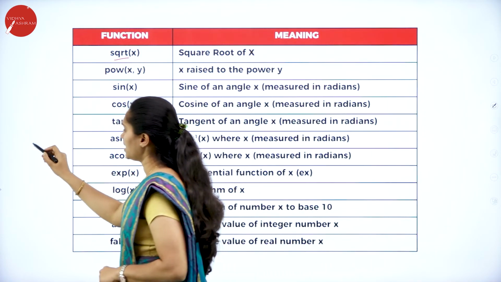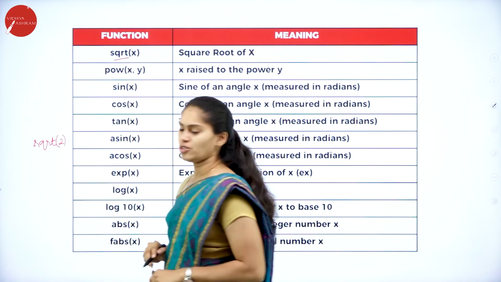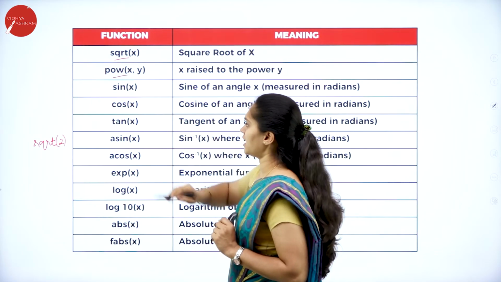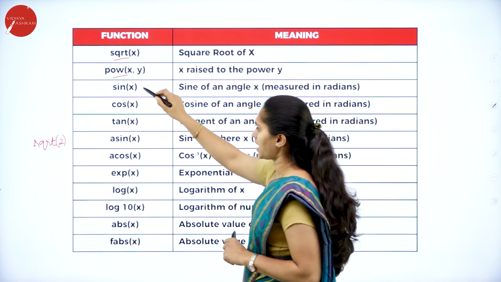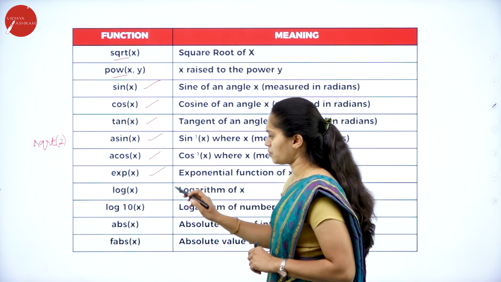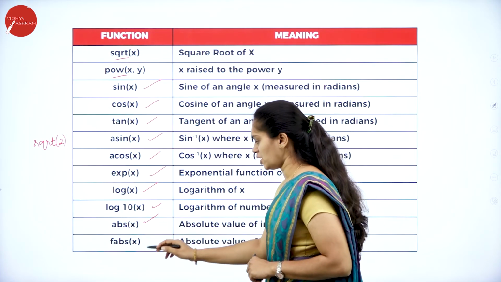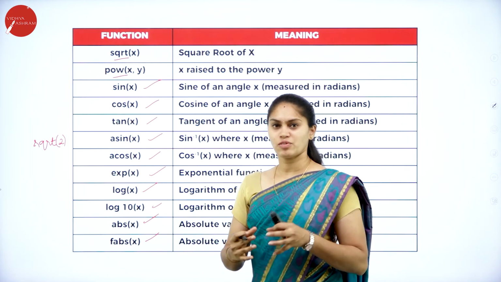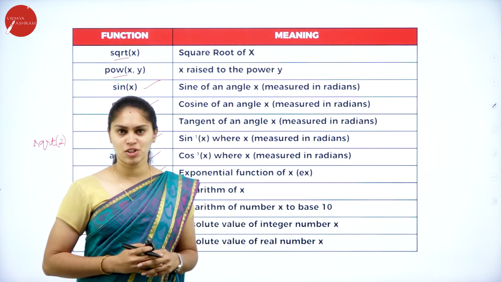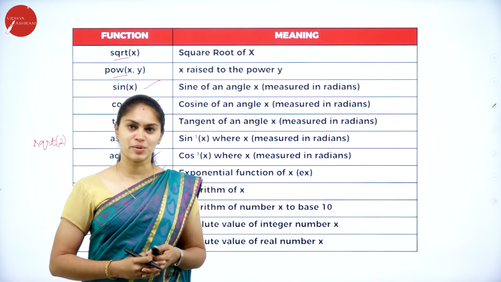For example, if I include sqrt of 2, then it will give me the square root of 2. And I have already discussed pow and this sine, cosine, tan, asin, acos, exponential, log, log10 which is logarithm base 10, and the absolute function, fabs. If I wanted to use any of these functions, then we have to include the math.h header file in our program.